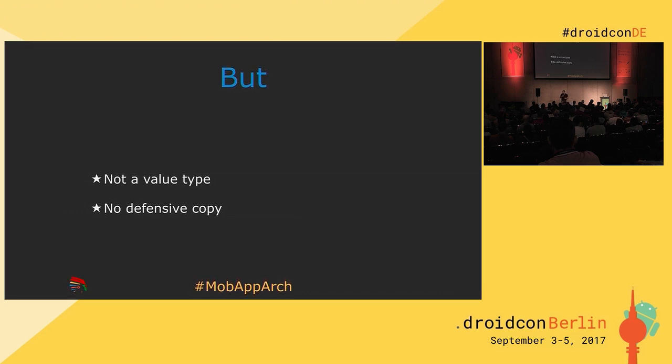That's bad. Not only that, if I give you a reference to the date that I have, and you change that because we are changing the same reference, I also have my value change inside of my class. Really bad. So defensive copying is avoiding that problem. Copying what you get in, copying what you provide out.